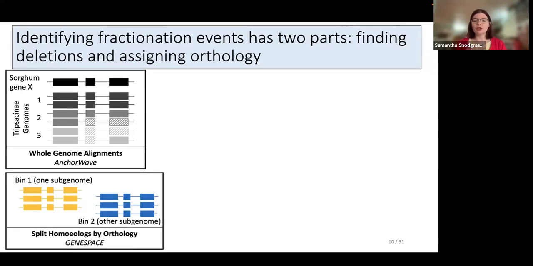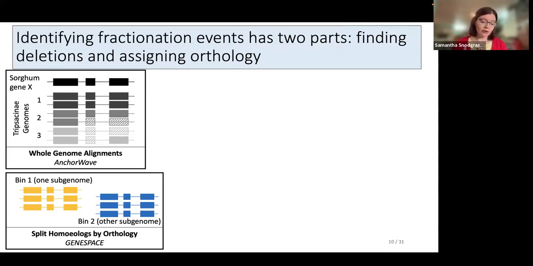But we want to make sure that we are comparing homologs from one of the subgenomes all together and homologs from the other subgenome all together, and not mixing and matching across those subgenomes. With more modern polyploids, you can do this by creating gene trees with the known ancestral species or closely related living relatives of the ancestral species that led to the polyploid formation.